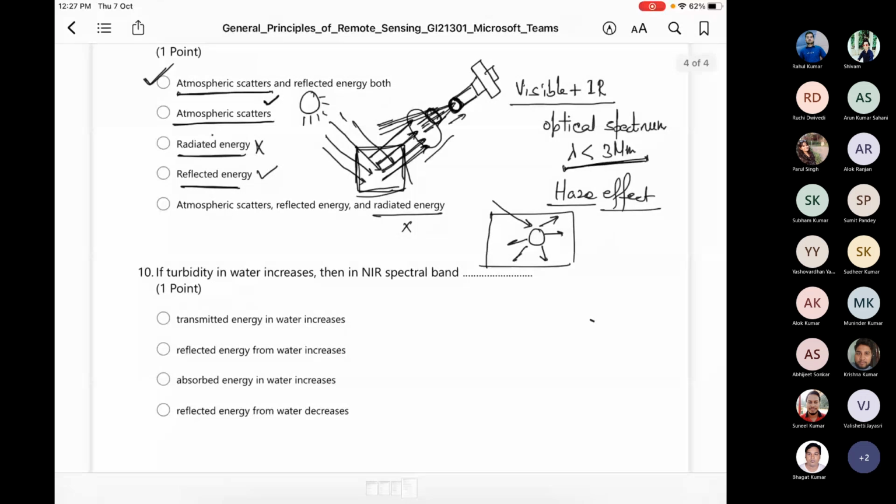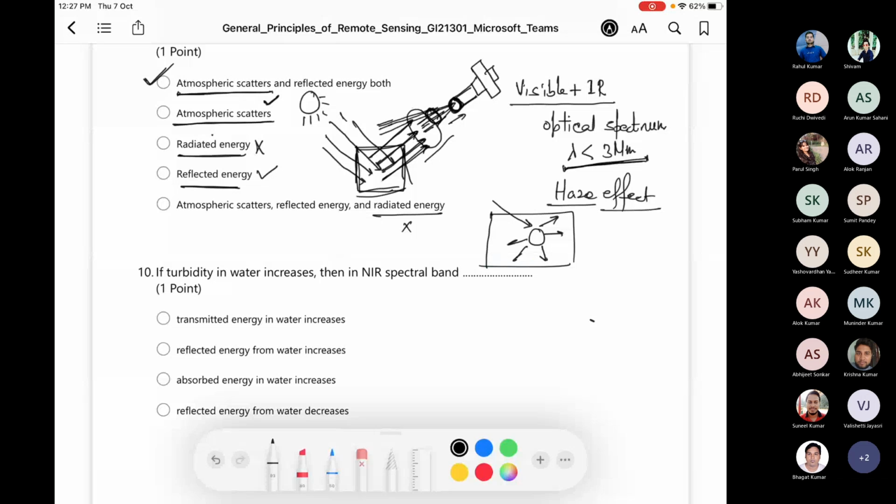The 10th problem is related to the spectral signature of water, that is, the reflectance of water with respect to wavelength. There we discussed that water only reflects energy within the visible spectrum. Out of the visible band, in clear water you can't get reflectance.